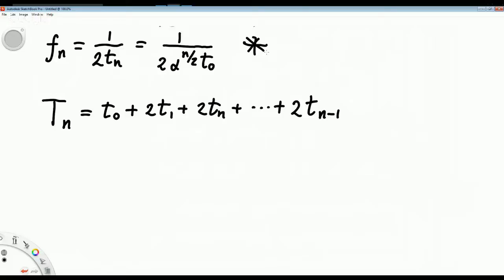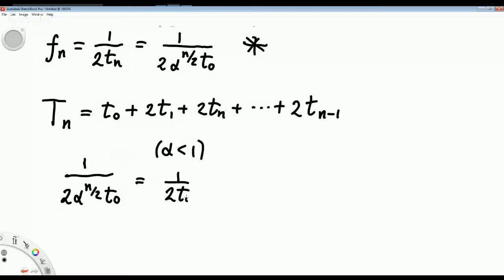You would expect that the frequency increases to infinity. Well, if you look at the expression 1 over 2 alpha to the n over 2 t naught, you know that alpha is less than 1, so let's remember that alpha is less than 1. So this is just 1 over 2 t naught times 1 over square root of alpha, to the n.